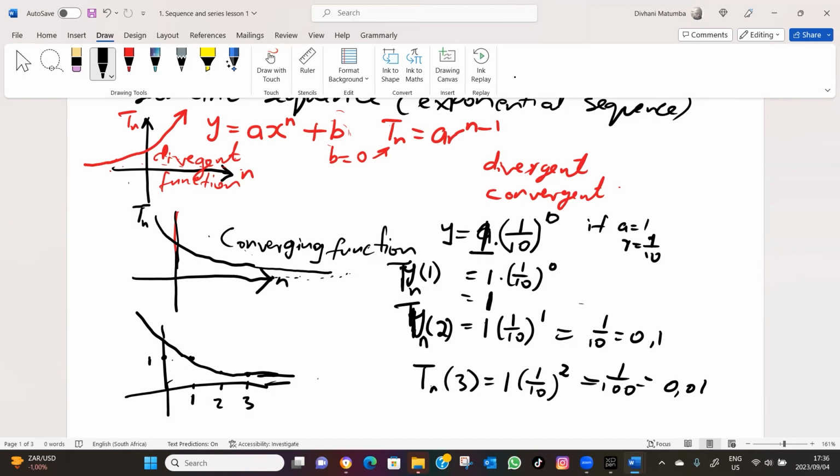That's why we call it converging functions.